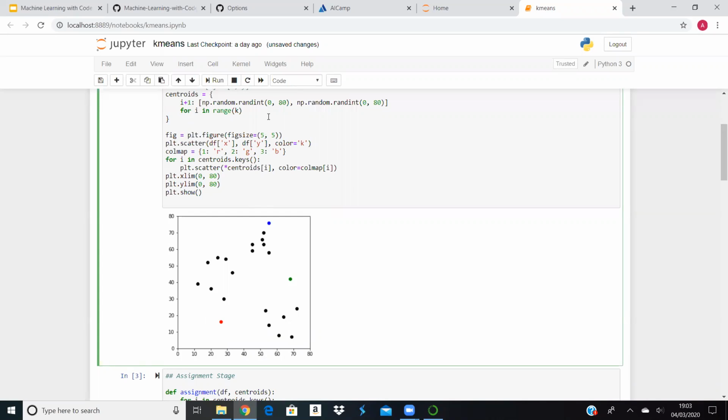What we are doing here is setting up a dictionary with random numbers, and these are the means within this data space.